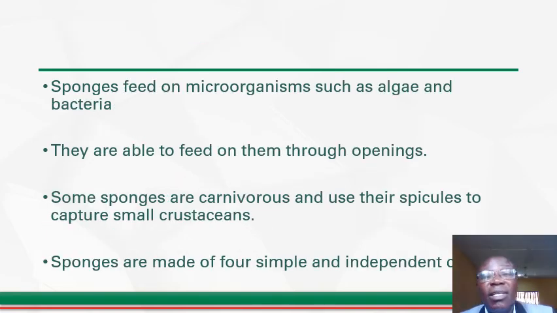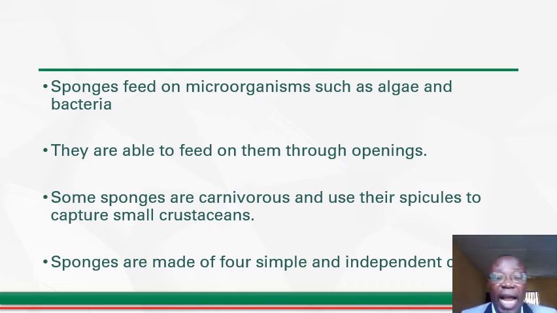Sponges feed on microorganisms such as algae and bacteria, through the openings that are found on them. Some sponges are carnivorous, that is, they feed on other animals. They use their spicules to capture those small animals, particularly crustaceans.